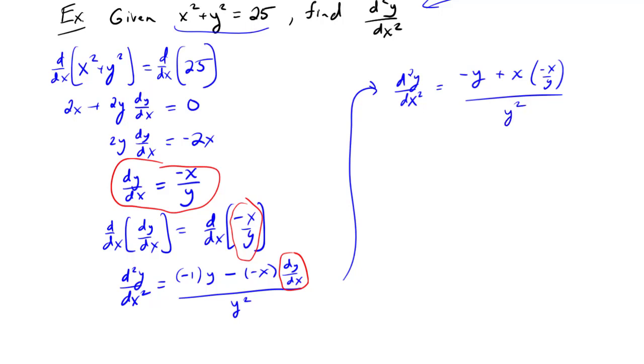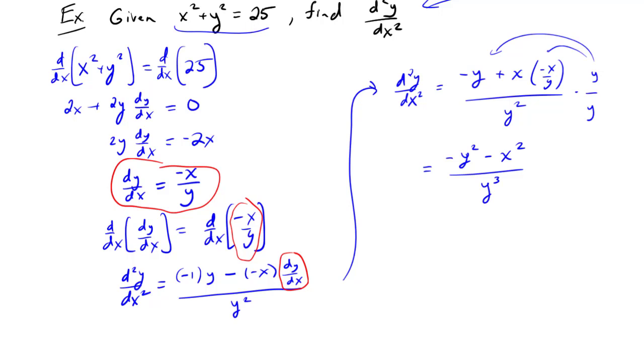Okay, so now if I want to get out of this multi-tiered fraction, a nice thing I could do would be to multiply by y over y. So I get minus y squared when I multiply that there, and when I multiply it here, the y's will cancel, and I'll get minus x squared all over y cubed.